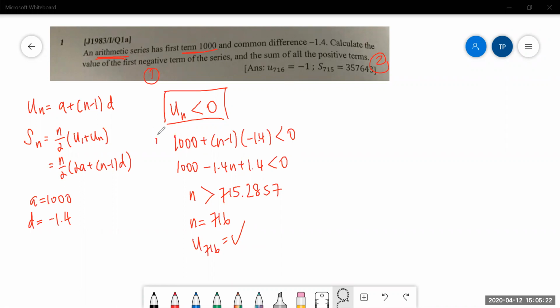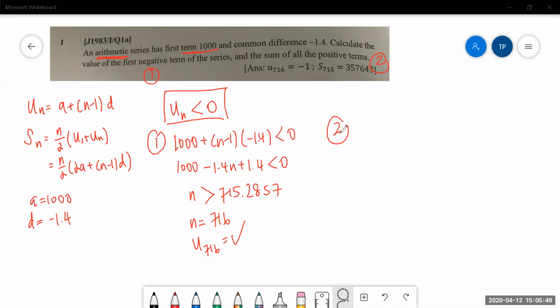So this is for part 1. Now for part 2, we want to find the sum of all positive terms. How are you going to do that? Use the Sn equation. Actually, just take n as 715, unless you want to do everything again.